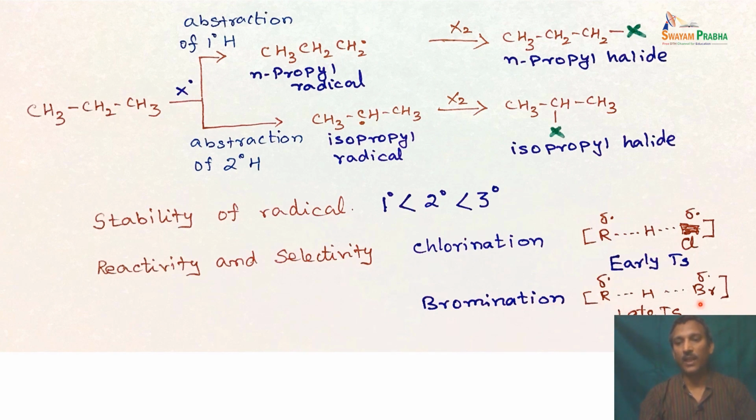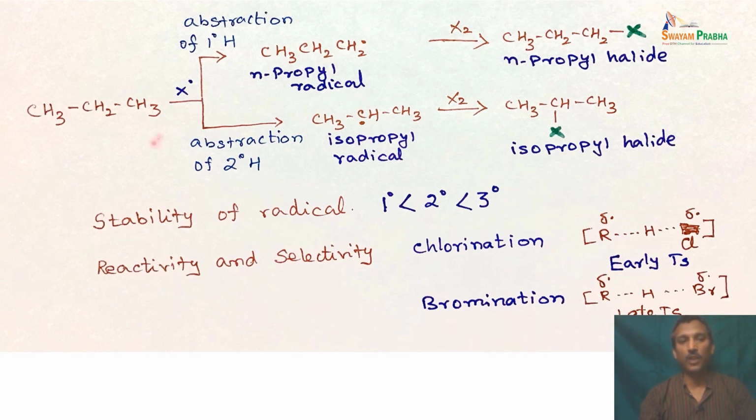When we say late transition state, that means it is very close to the product. When we say early transition state, the transition state resembles the starting material. So that is the reason both are giving a 1:1 ratio, whereas in this one we have a stable radical.